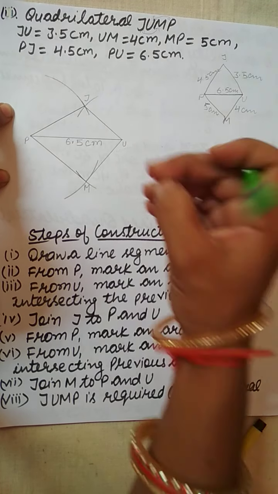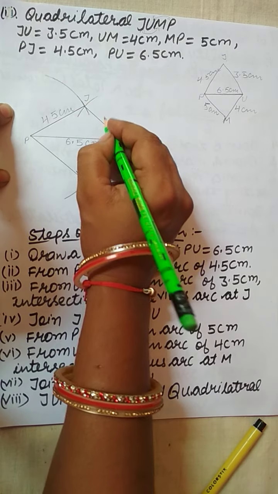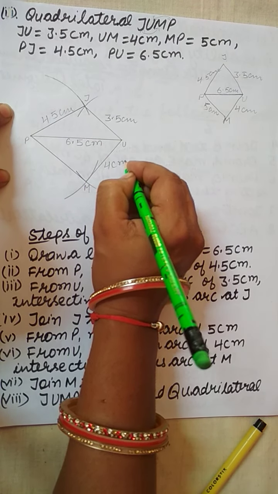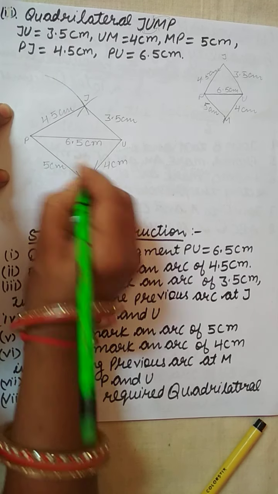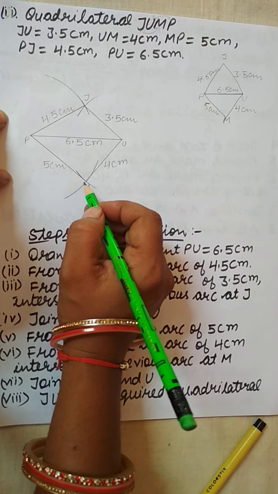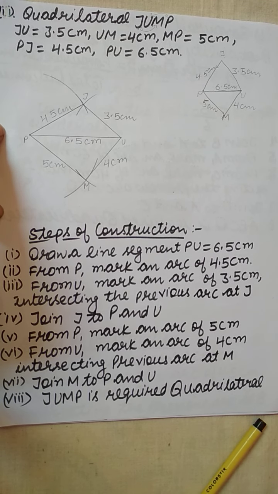Also we will write down the dimensions of all. This is 4.5 centimeter, 3.5 centimeter, 4 centimeter and 5 centimeter. You have to always label the diagram. So students, this is all about question number 1 and 2 of exercise 4.1. Thank you.